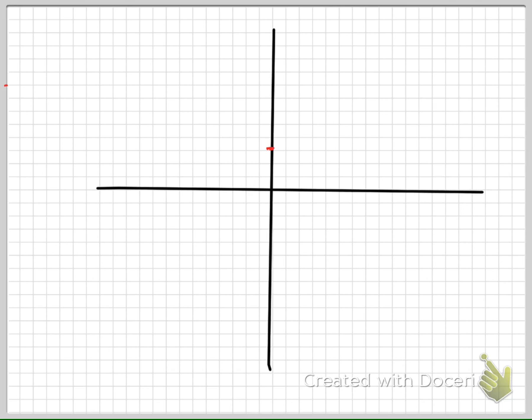So up 2, right 1, and we'll put our next coordinate. And then to get our next one, we will once again rise by 2 and run by 1. So up 2, right 1, to make our next one. And we can keep doing that pattern, that linear pattern, until we finish the rest of the graph.